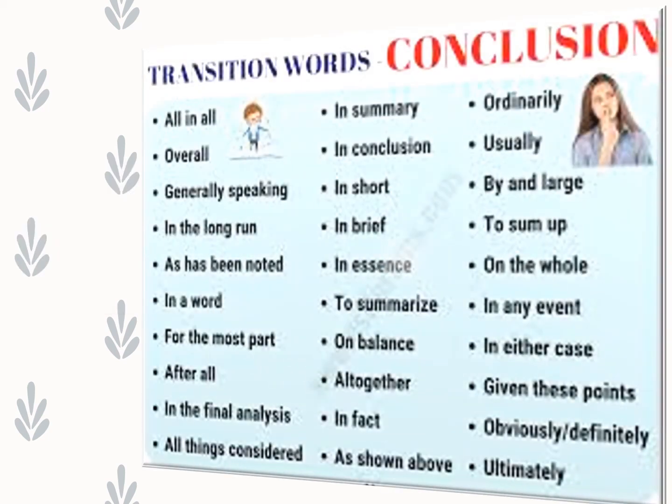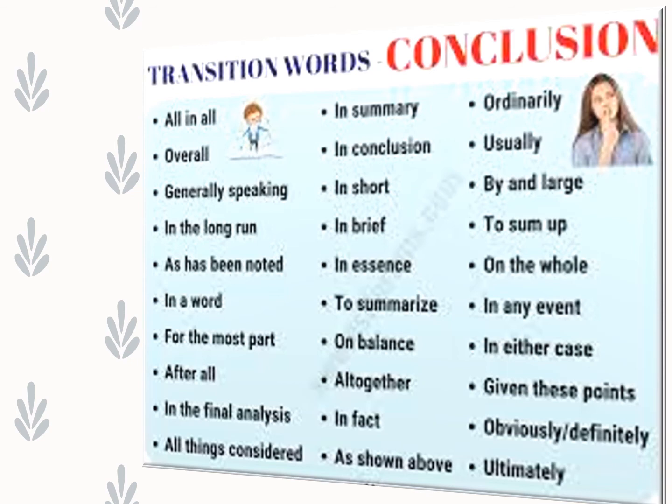Now, these are some transition words or concluding words we can use. Please make a note of all these words, and whenever you write your expansion of idea or any essay, we can use these words. Instead of saying at the end, we use a better word to summarize.